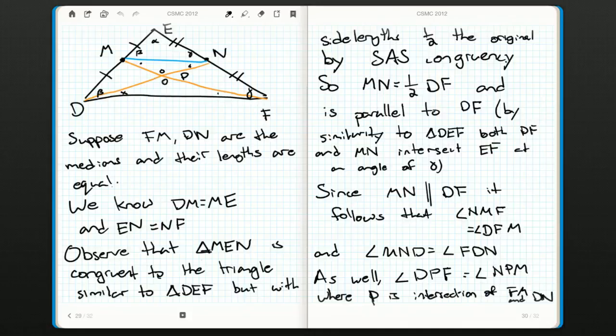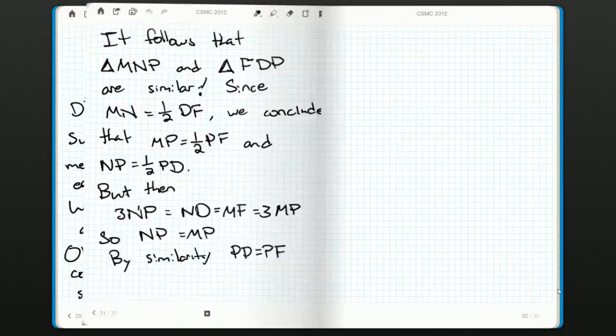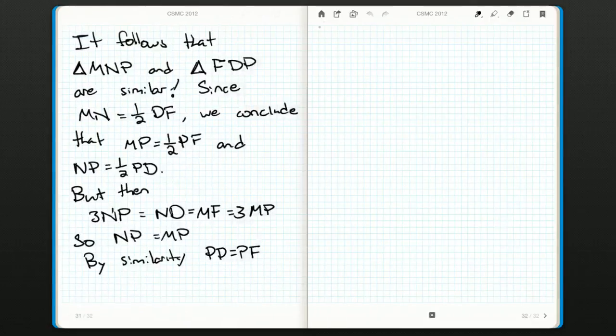So MPD is equal to NPF. Right, these are still just opposite angles in a line intersection.